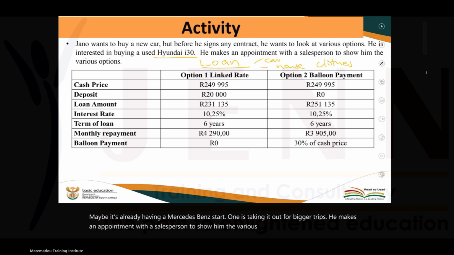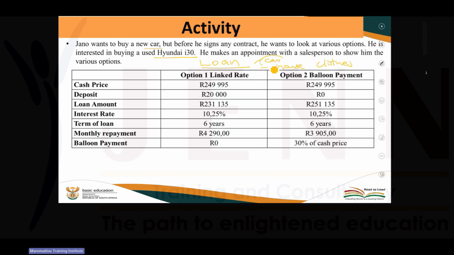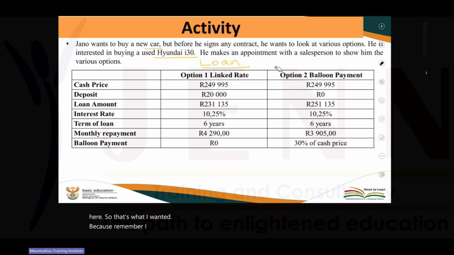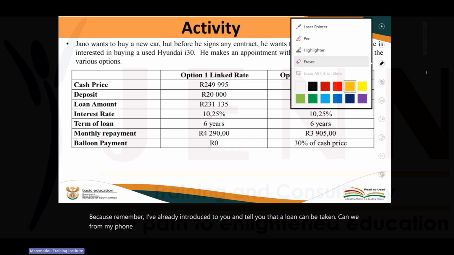Now, this one talks about a car. So it's a loan that you want to take to finance a car. So it's all about the car loan here. Because remember, I've already introduced to you that a loan can be taken, even from a mashonisa, someone, money to money, from person to person.